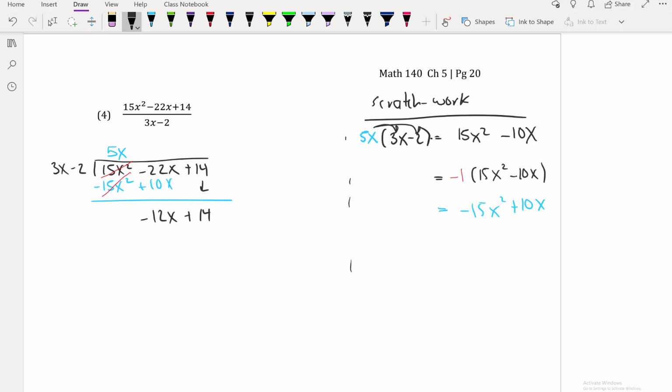So just like I did before, I want to think about this 3x and this negative 12x. So let's divide. Negative 12 divided by 3 is negative 4. X divided by x cancel out. So I'm really dealing with a 4.